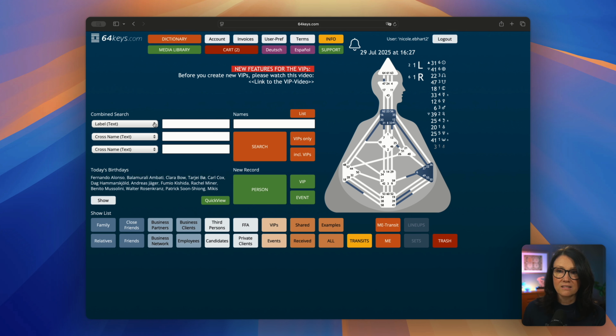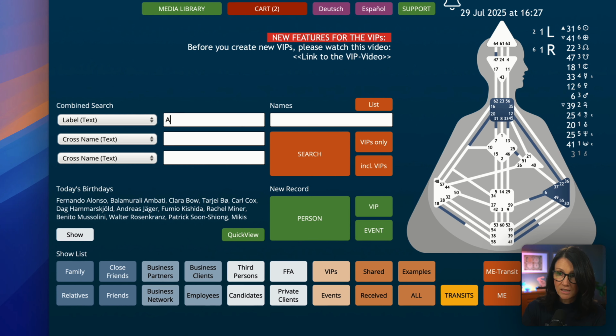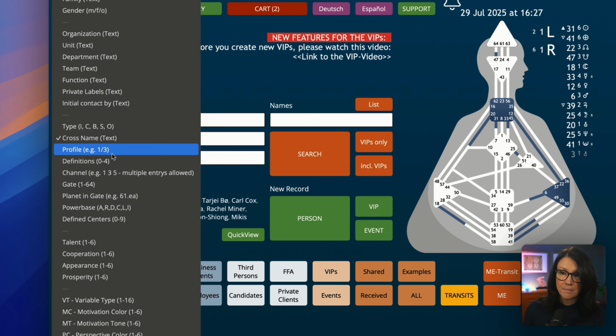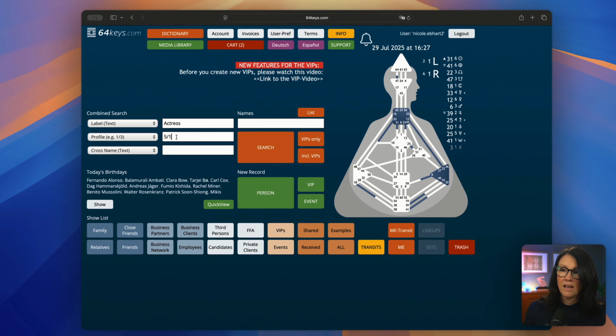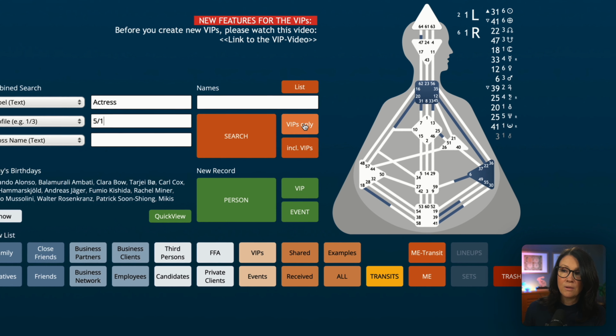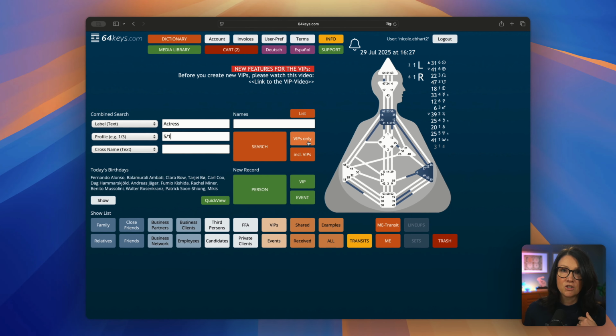Here you would select the label and enter actress. And here I'm selecting profile, 5/1, and now I'm looking up the records, only the VIPs, only the celebrities.